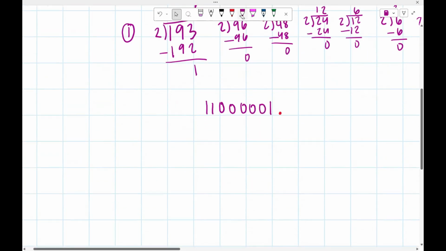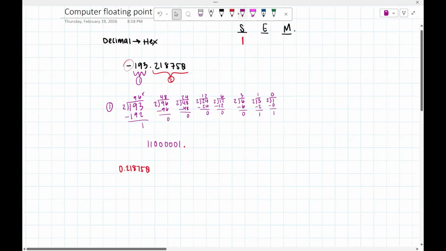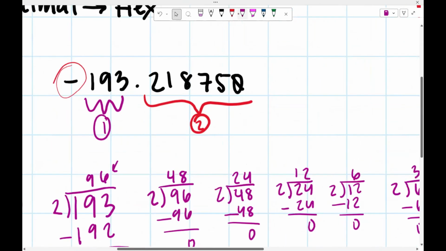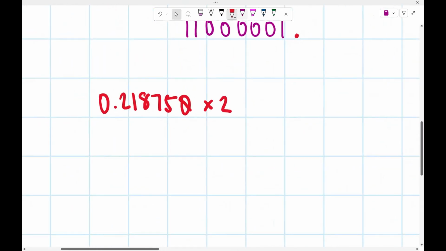We'll take 0.218750, and that's just this lower half here. We'll multiply it by 2. 0.21875 times 2 is going to be 0.4375.